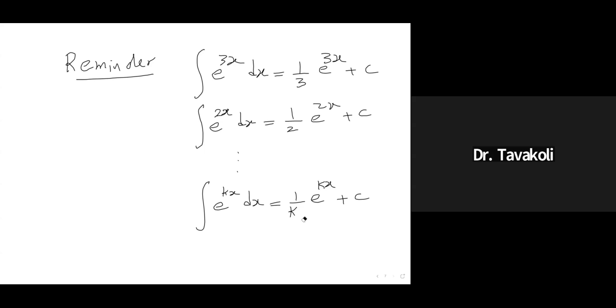Can you tell me, for instance, what is the antiderivative of e to the power of minus x? The number multiplied by x in the exponent is -1. So that coefficient becomes 1 over -1, which is -1, so it's minus e to the power of minus x.